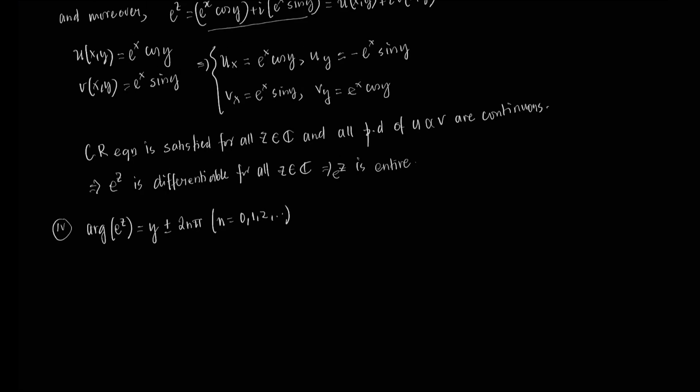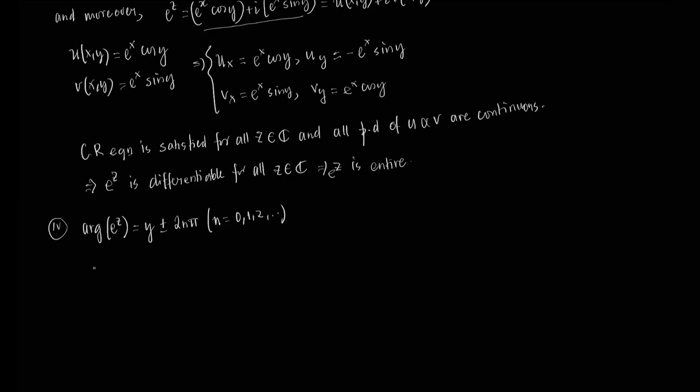So given this argument, we can say something about the periodicity of exponential z. Therefore, e power z plus 2 pi i, you can check that this is going to be e power z, for all z in C. What does this say?